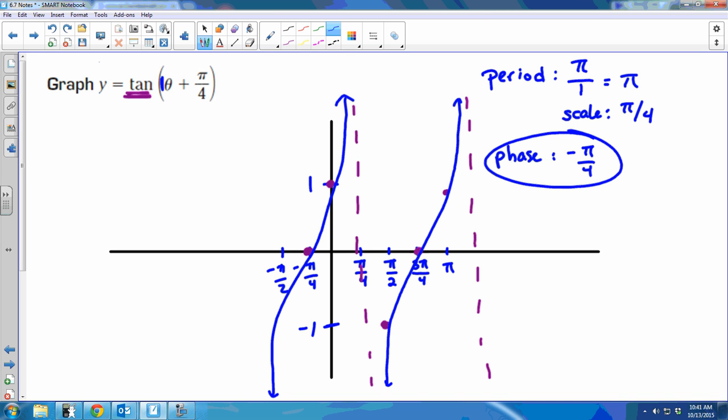Once you have an asymptote, you're just going negative, middle, positive, asymptote, over and over again. Again, dividing the period by 4 ensures that we're going to hit those points. Okay, are we okay with that one?